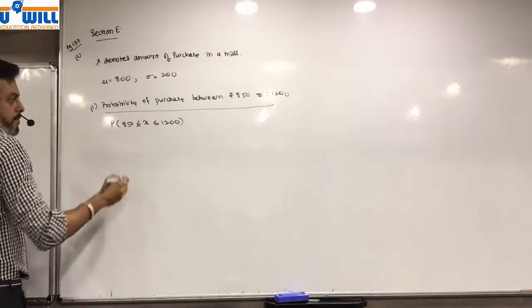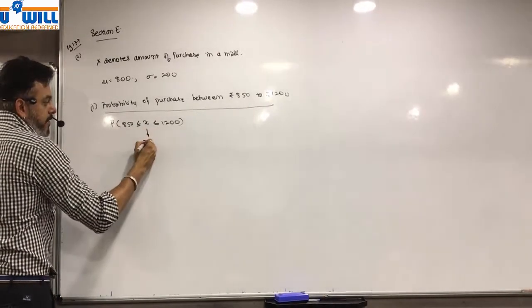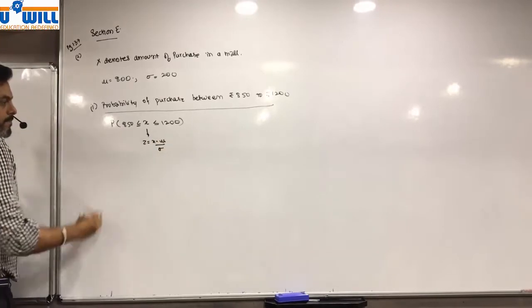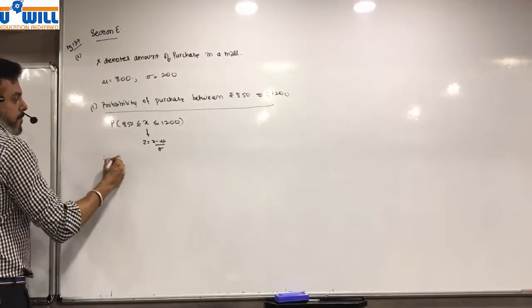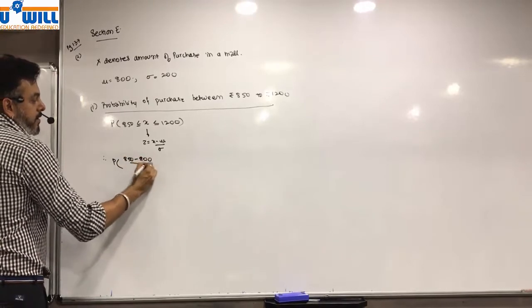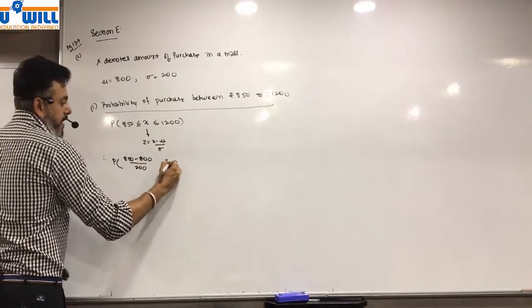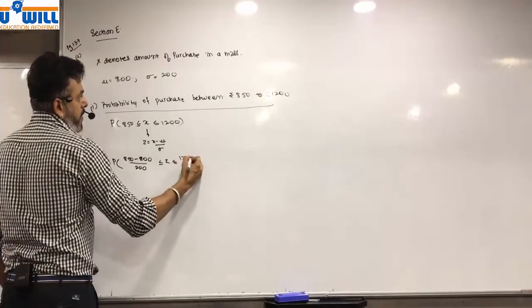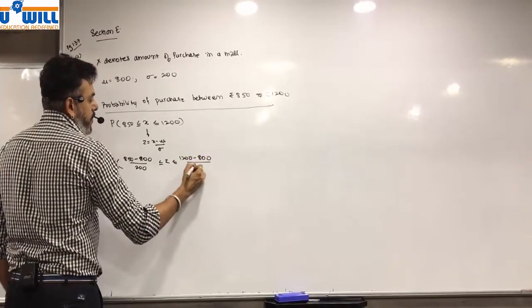Okay, now we convert X into Z. Z is equal to X minus mu upon sigma. Therefore, probability of (850 minus 800) upon 200 less than equal to Z less than equal to (1200 minus 800) upon 200.